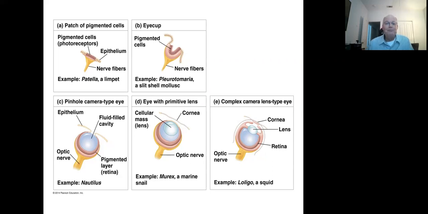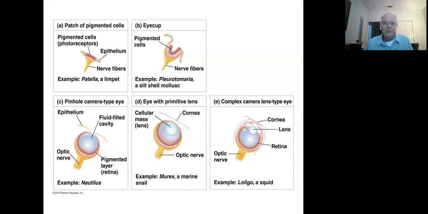So eyes, and really well-developed functional eyes, are relatively simple, evolutionarily at least, to produce. So what have we got here? Well, in some mollusks, like limpets, the only requirement is to detect the presence of light or shade.